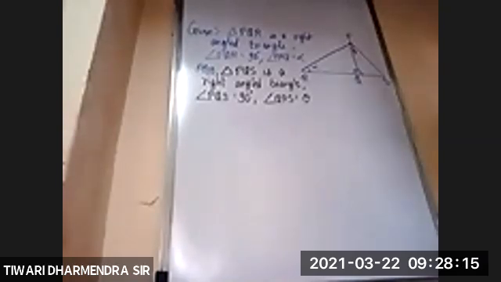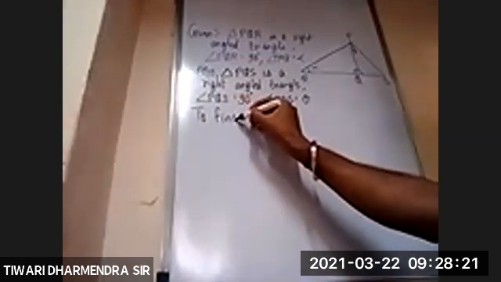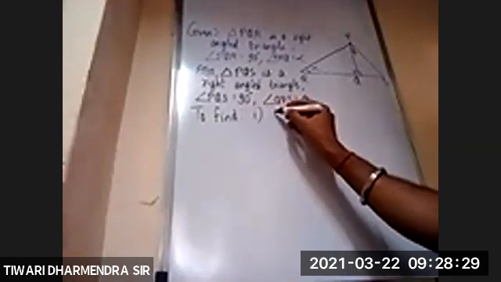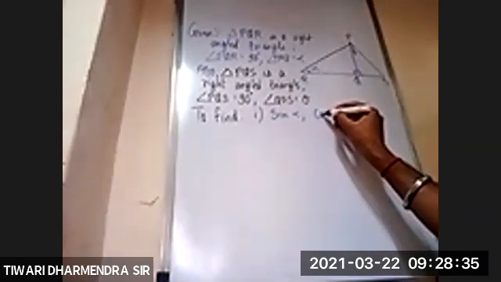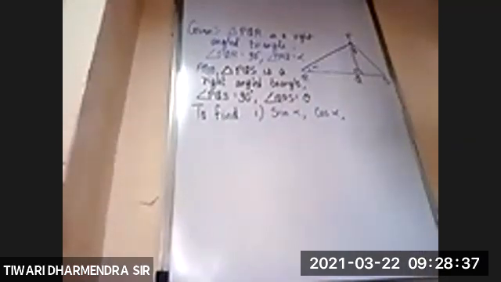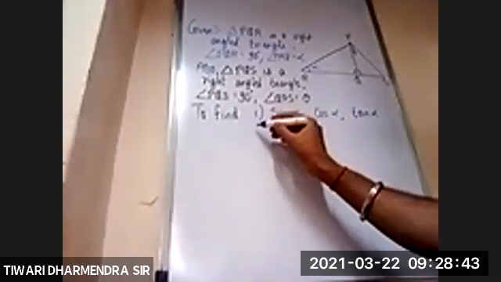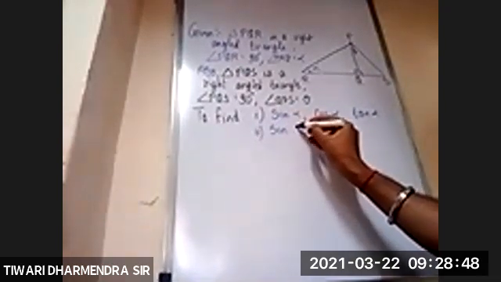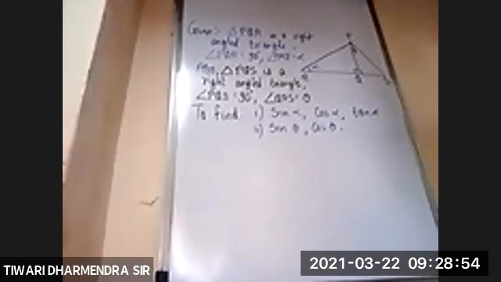So let's start with the further proceedings to find first sine of alpha, cos of alpha, tan of alpha. Second, sine of theta, cos of theta, tan of theta.